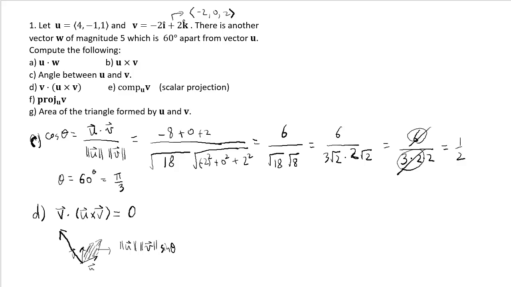Alternatively, you can also use the following formula. The triple scalar product is given as the following. If you have A, B, C as U, V as D, E, F, and W as G, H, I, the triple scalar product is equal to this matrix's determinant.